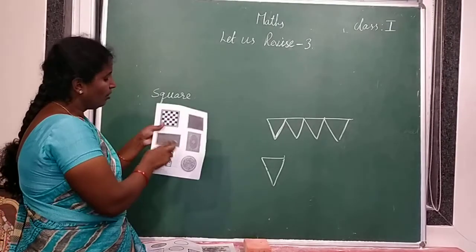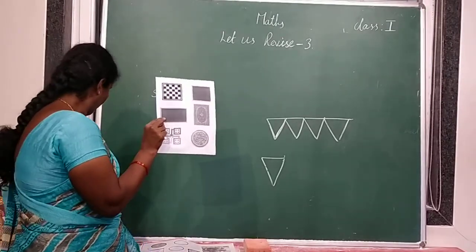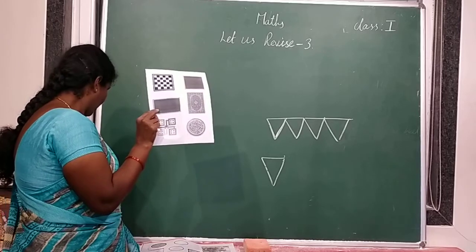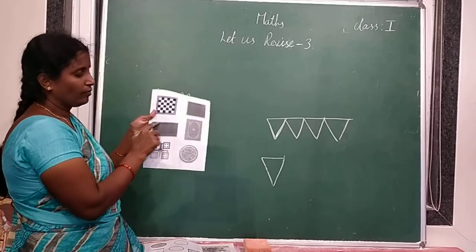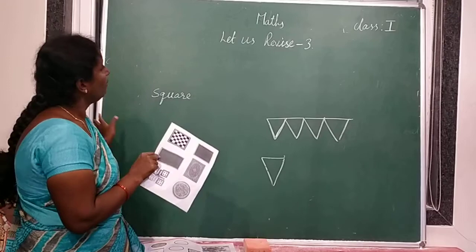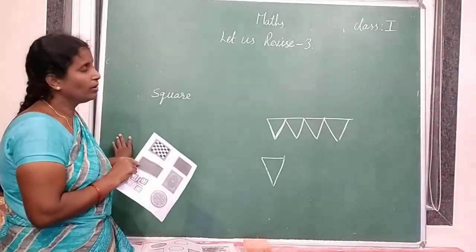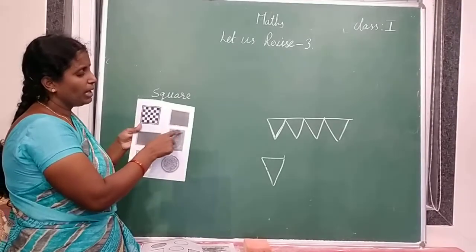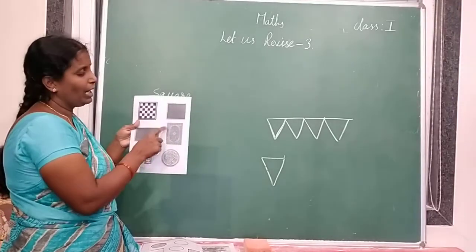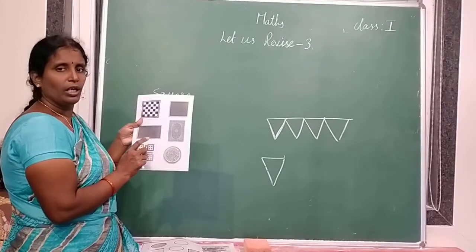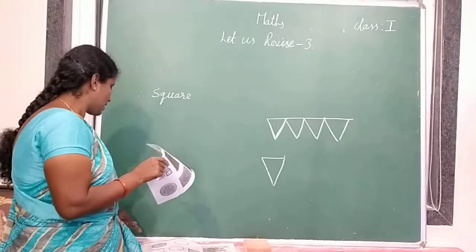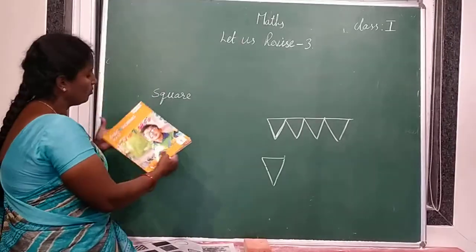Okay, next, it is in which shape? Rectangular shape. Our blackboard is in rectangular shape. Next, this is a mat. Mat in which shape? Rectangular shape. Next, this textbook.